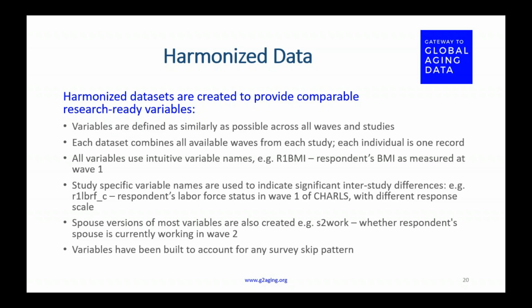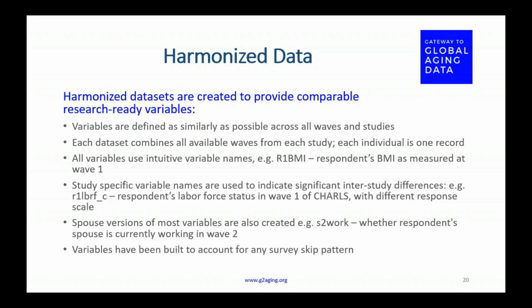We also use study-specific variable names to indicate significant inter-study differences. So for example, as part of the Harmonized CHARLS, which is the Chinese dataset, we have a variable built called R1LBRF_C, or labor force underscore C. That underscore C tells you that there's something specific to CHARLS about this variable. Although we've got a labor force variable called R-wave-number-LBRF in the other harmonized datasets, CHARLS used a different response scale.